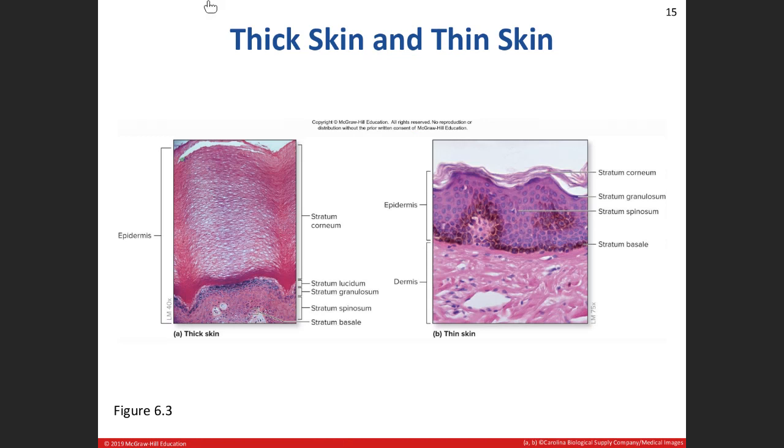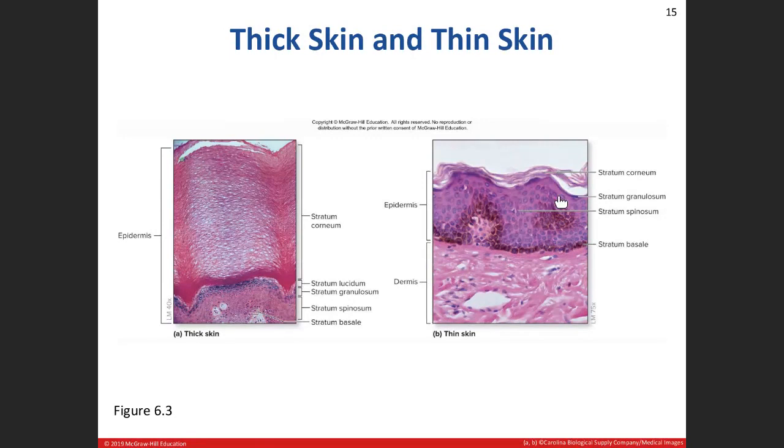So here you can see a slide depicting thick skin. Look how thick or how big the stratum corneum is in thick skin. I'm not going to try to count all those cell layers, but I would say that's close to 50. Well, maybe not 50, all right, but 30, 40, okay? And then you can see here's the stratum corneum on this slide. It's so small, all right?